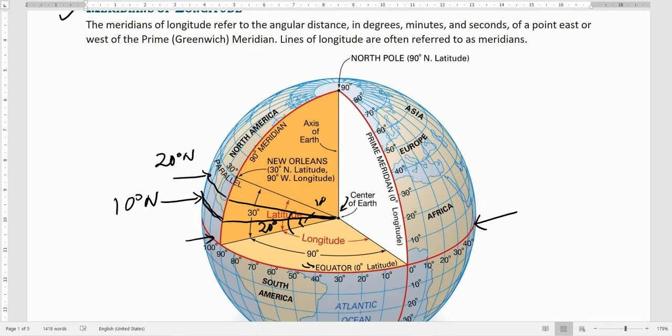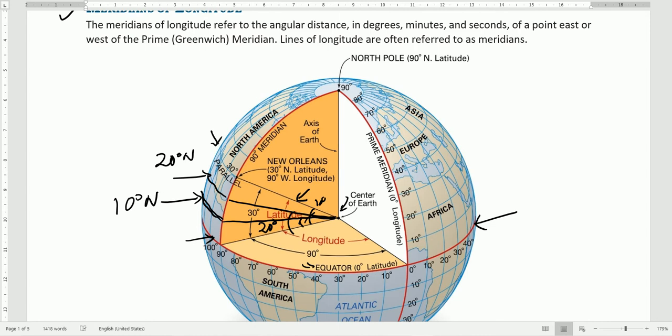In this way, here a line is already drawn, and this line forms an angle of 30 degree between this equator and this line. After reaching the surface of the earth, we have to draw a line around the globe, and that line is known as 30 degree latitude.